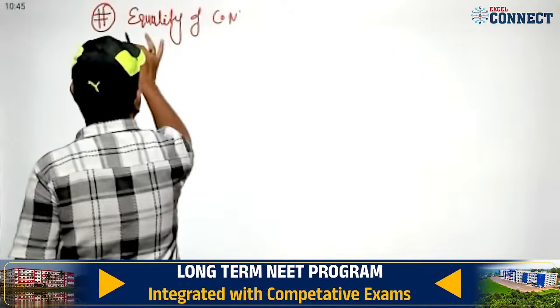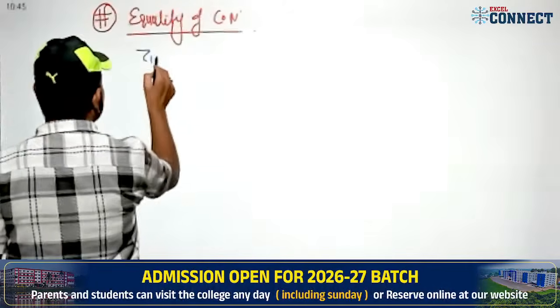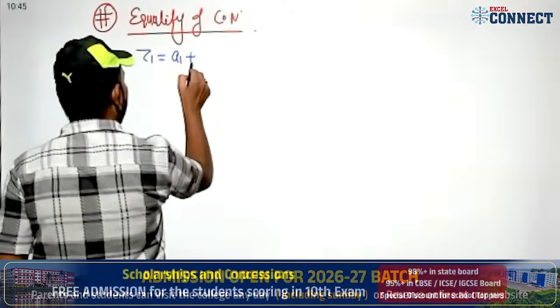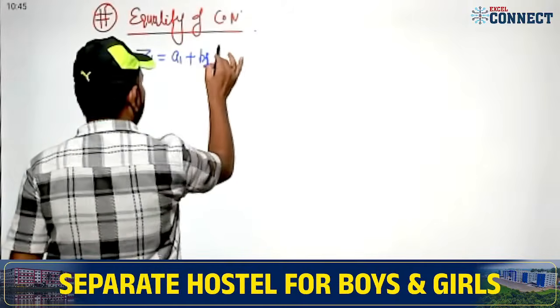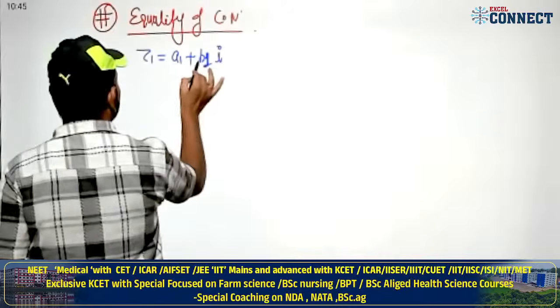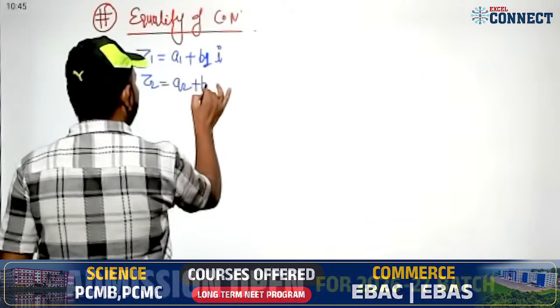Equality of complex number. Let's suppose if I say Z1 is A1 plus B1 iota, okay. And let's suppose Z2 is equal to A2 plus B2 iota.